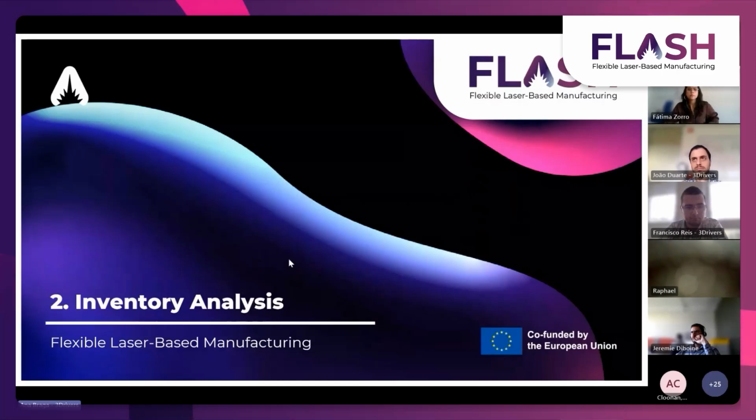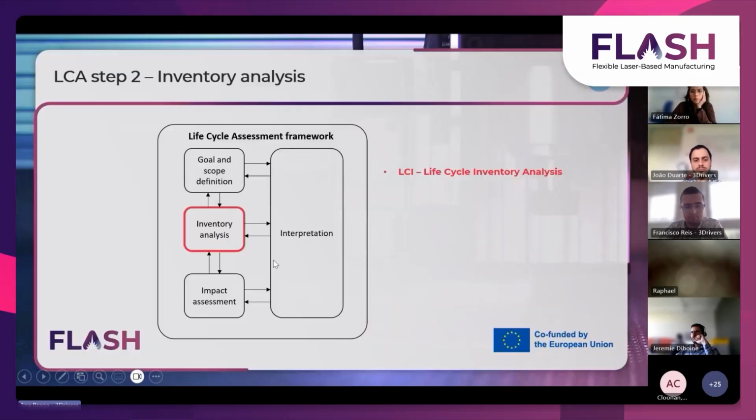Moving on to the second stage, we go to the inventory, or the life cycle inventory analysis. This part of the process has a lot of work involved because of the data collection. According to the complexity of the system in study, it can require a lot of data to be collected and analyzed.